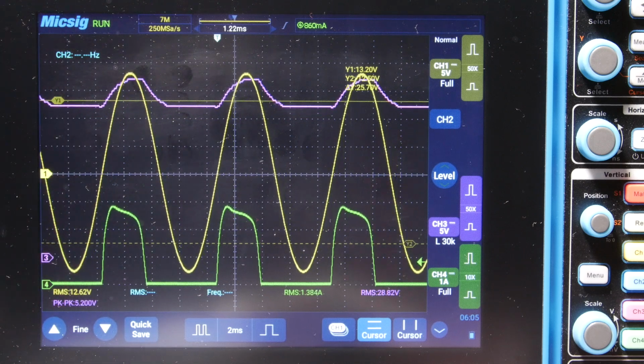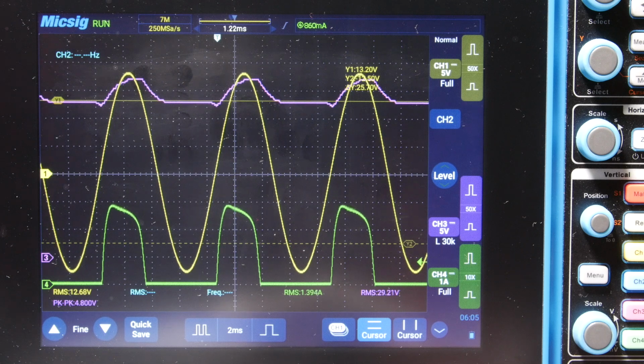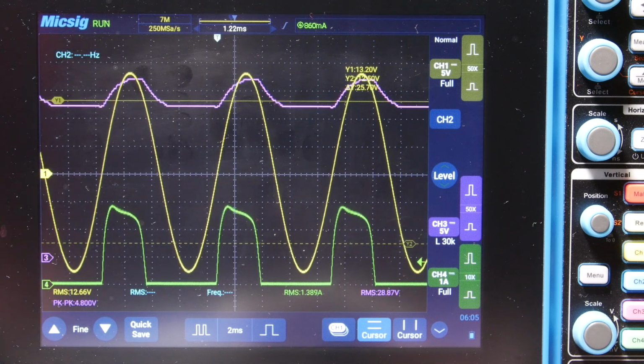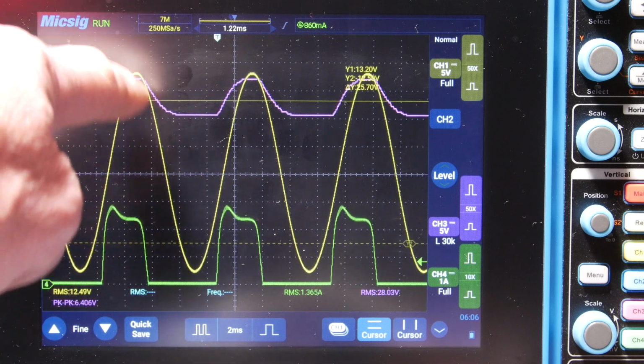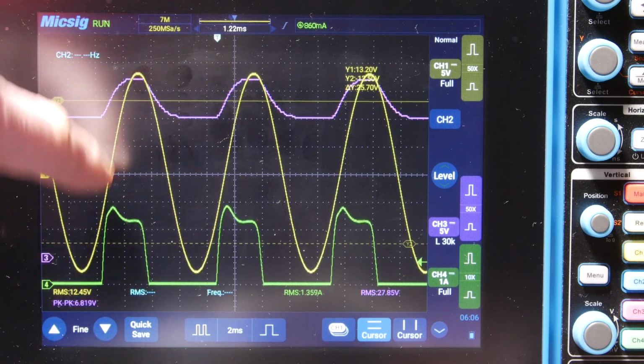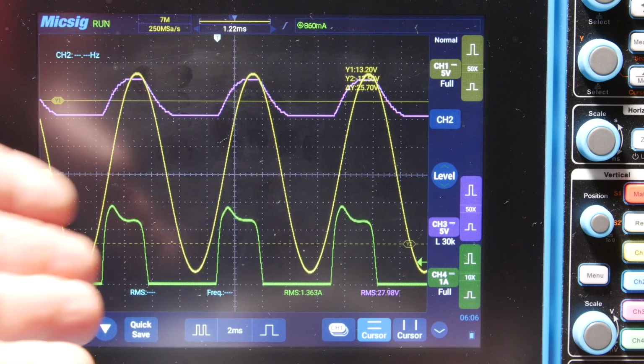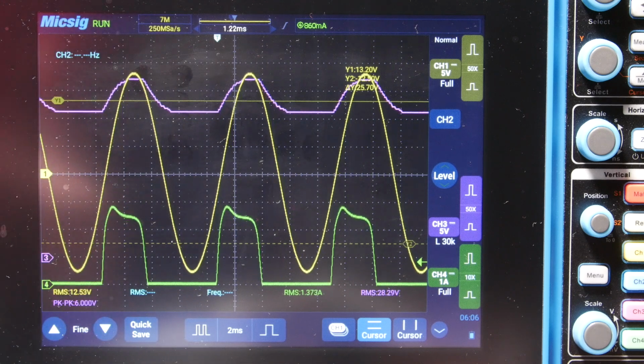Okay, that's 120.06. Now we're pretty close to in sync with our AC power. Isn't that crazy? So we're getting a pulse of current the same time that our signal is going up. So it just happens to be that the diode's putting out a lot of current right there.